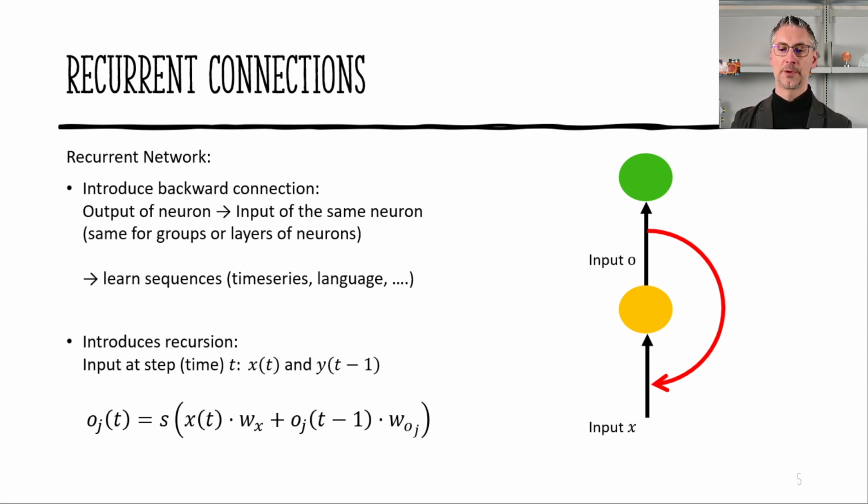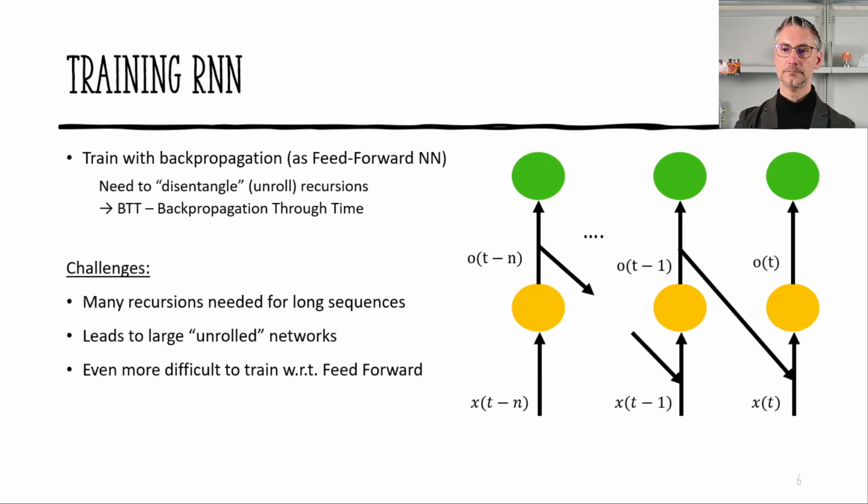The first part is what we had before, x times the weight. We use the weight, the matrix notation here. And now we have the output of the time minus 1, the previous step, times a new set of weights. So the output at a given time t is now comprised as the forward part, shall we say, plus the recursion. How do we train these?